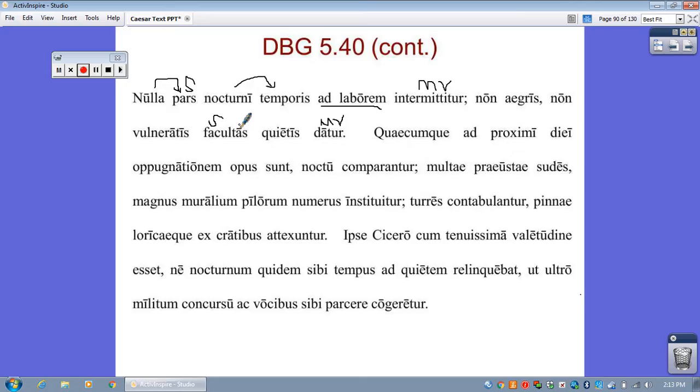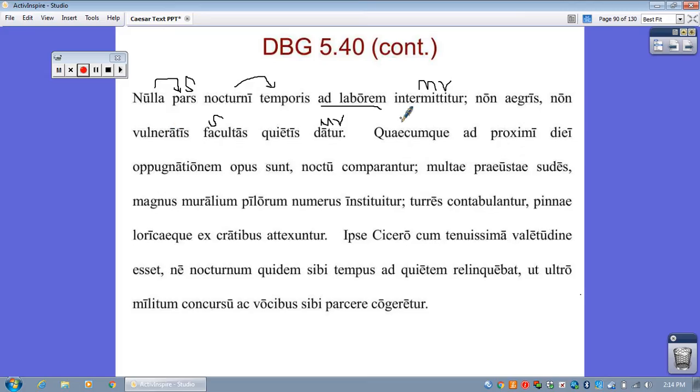So opportunity, quietis, opportunity for quiet or for rest, or actually, I think that's a mistake. That shouldn't be a long I, it should be a short I. So I think it's genitive here. Opportunity of quiet or of rest is given neither to the weak nor to the wounded.